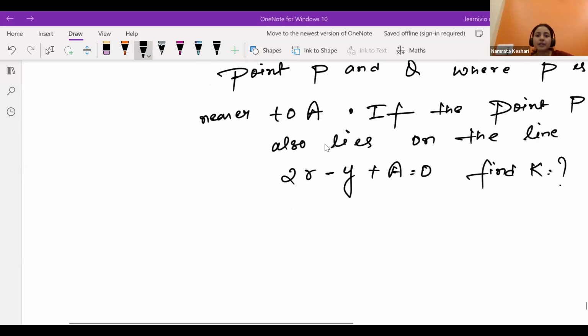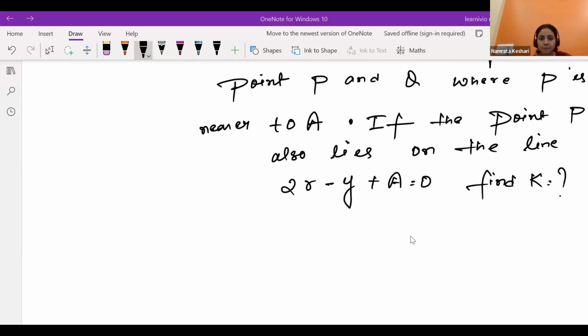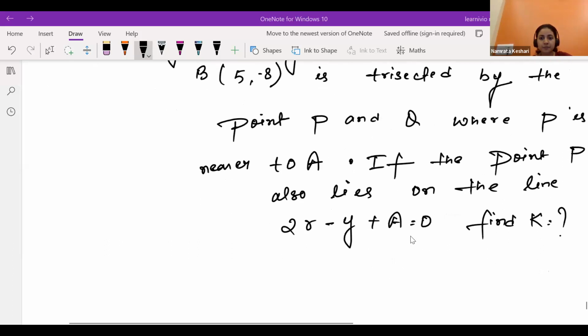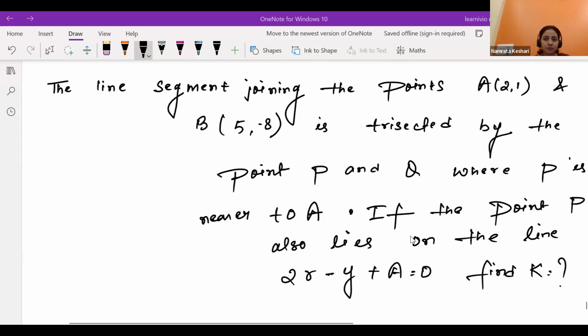Now, if the point P also lies on this line, just a second. Will it be R or X? Wait, there is something misprinted over here.